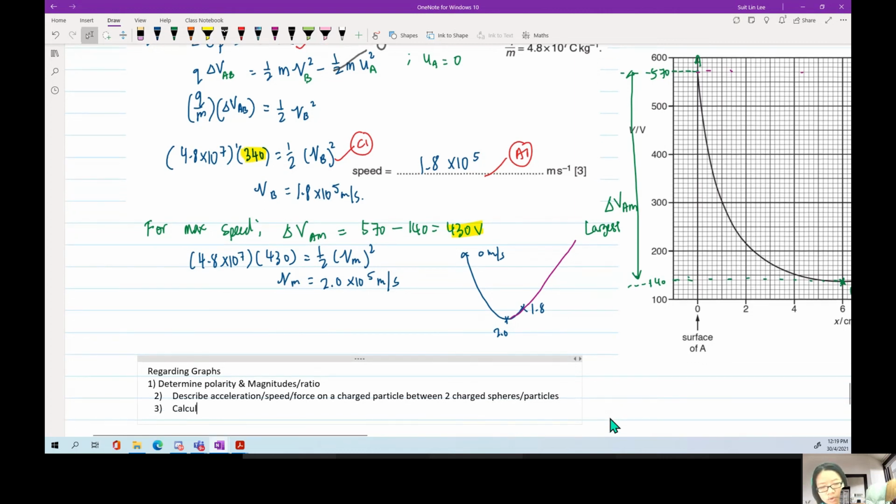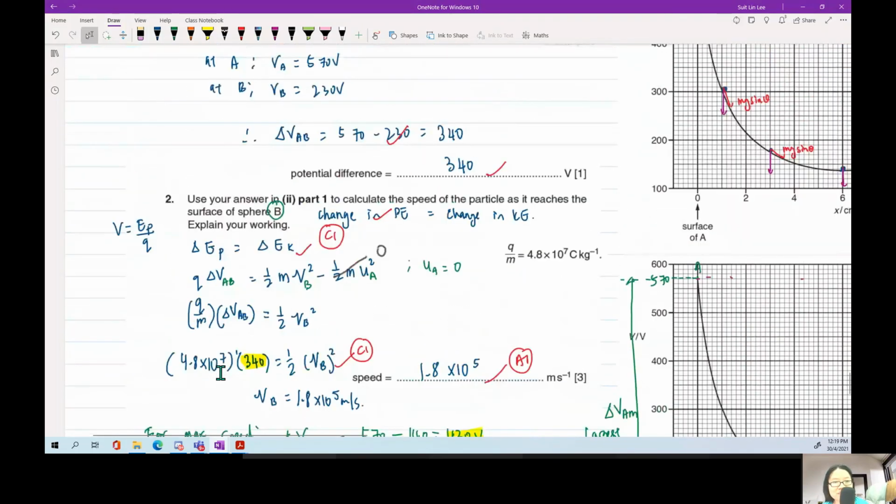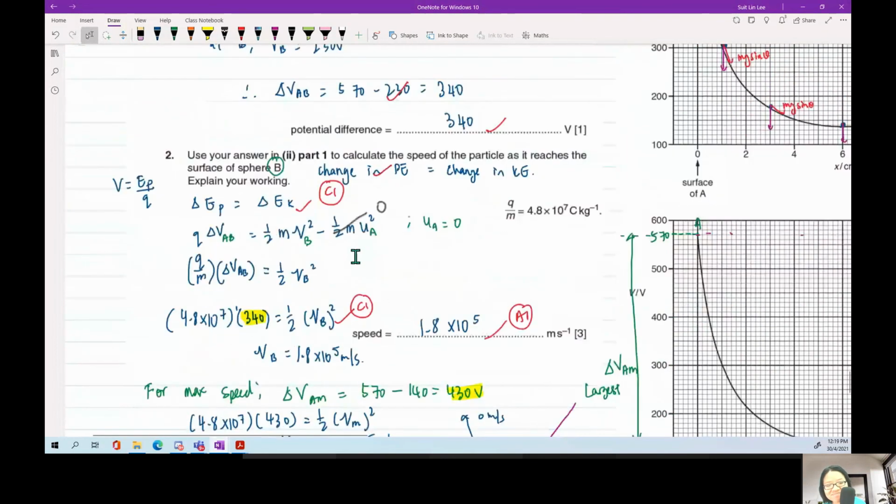They could ask you to calculate the resultant electric field and or sketch E against X graph. Ask you to calculate resultant potential. Potential is very easy one because they are scalar, so you just add and minus like that only.